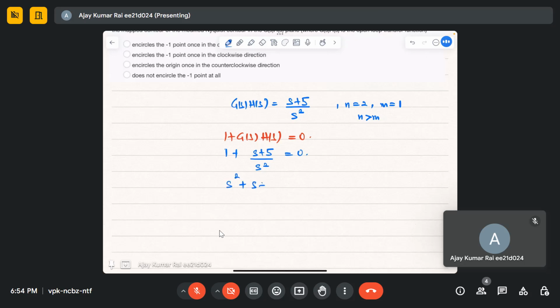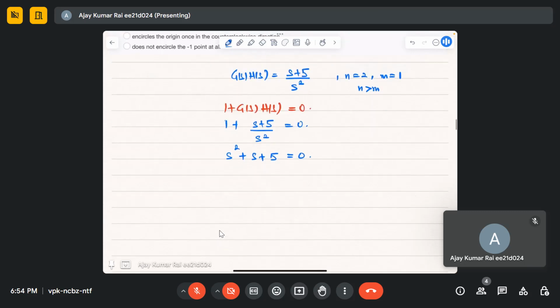So s square plus s plus 5 equal to 0. If you solve this equation and find the roots, those roots are the closed loop poles.